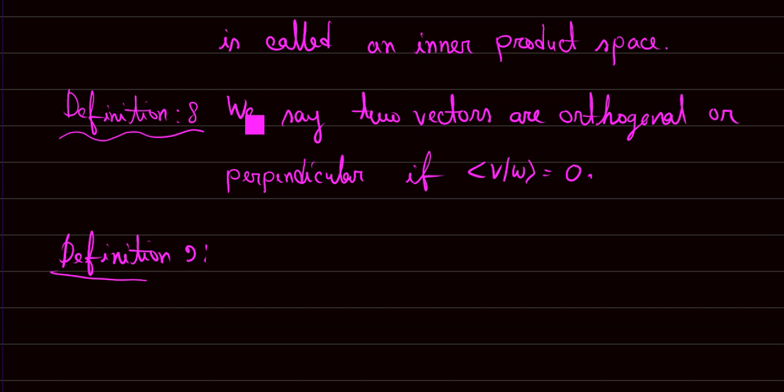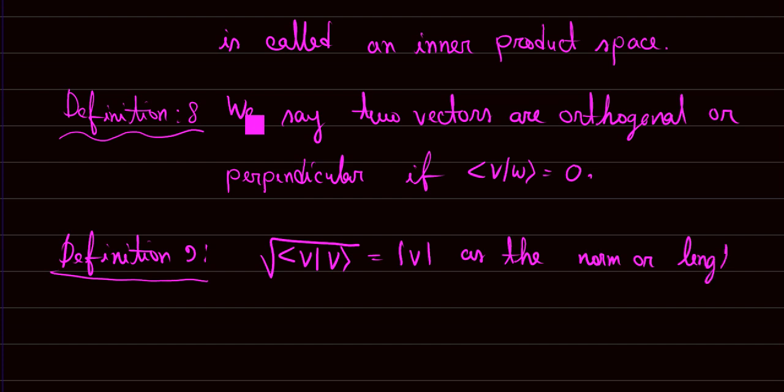Definition 9. We will call this quantity, written by this, the norm or length of a vector. So this quantity will be called the length of the vector.